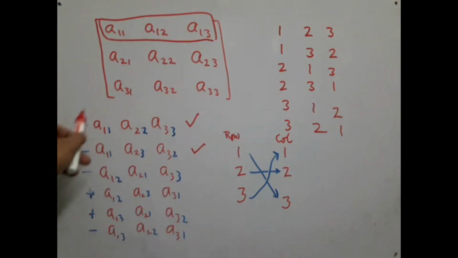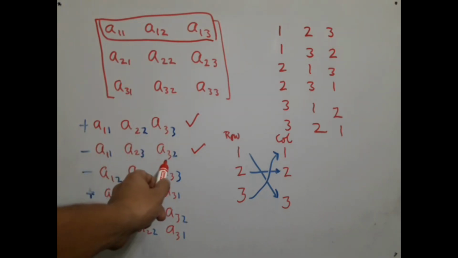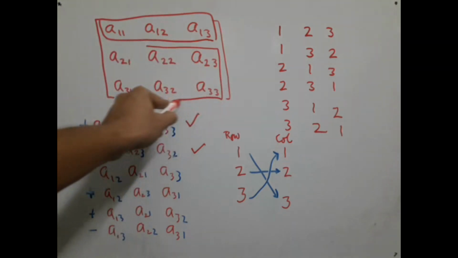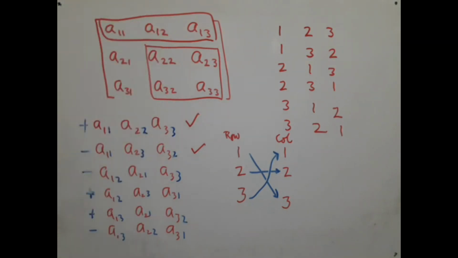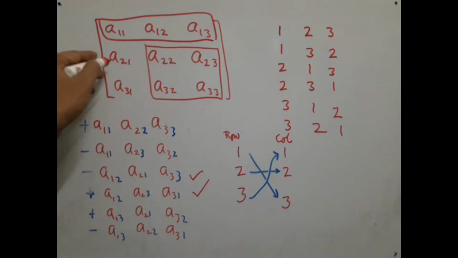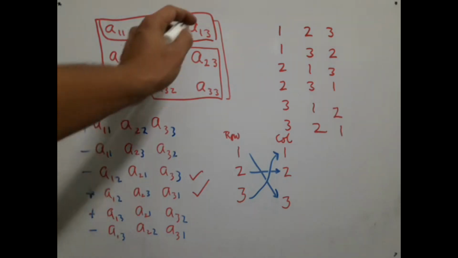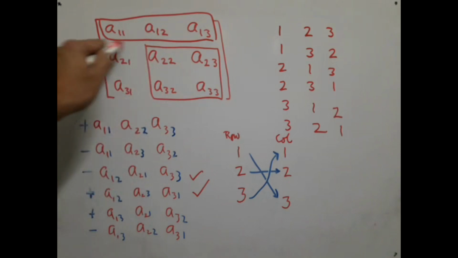If I take A11 common, then I will get A22 A33 minus A23 A32, which is precisely the determinant of this part. And similarly, wherever I get A12, these are the terms. If I take that common, I will get the determinant made up of this and this. Similarly, if I take A13, I will get the determinant of this part.